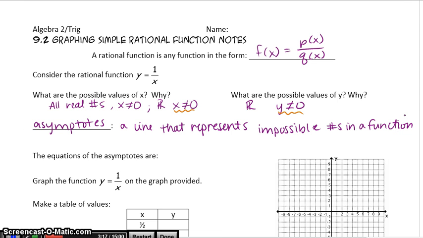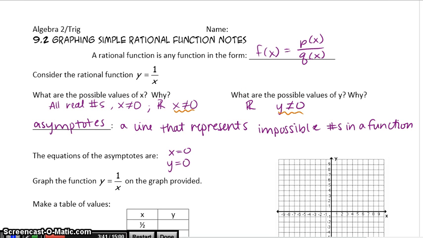Okay, so in this case, we can't have x equaling 0 and we can't have y equaling 0. So, based off of this, the equations of our asymptotes are going to be x equals 0 and y equals 0, because these lines represent impossible numbers for this function.